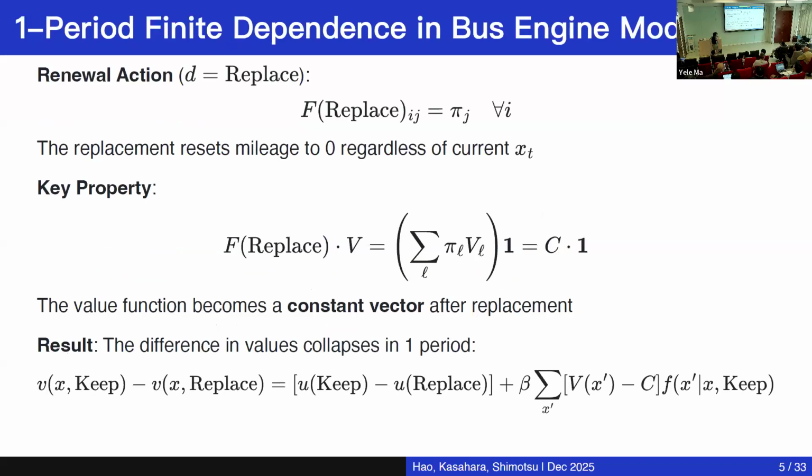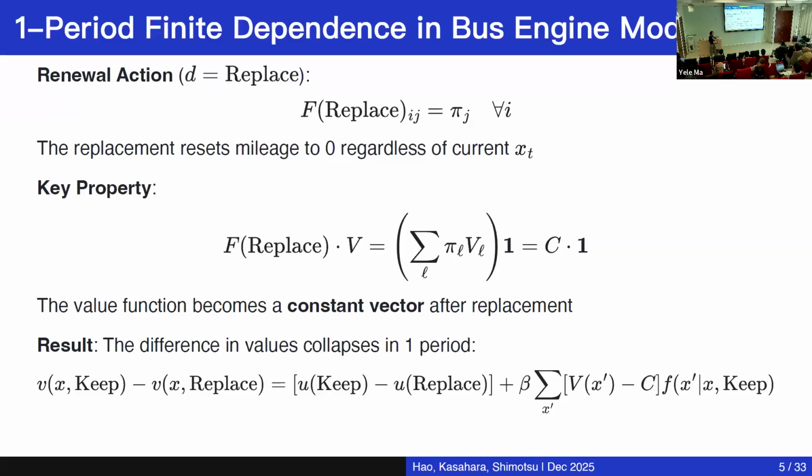So the renewal action to replace the engine makes the future value function some deterministic value because there's no uncertainty associated with the choice of replacement. Basically, if you replace the engine today or tomorrow, it will give you the same value function.